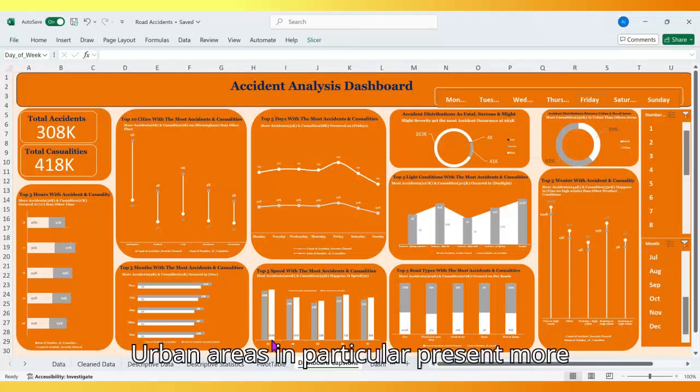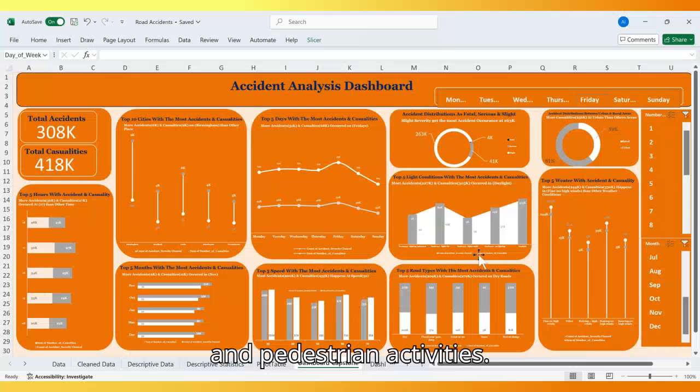Urban areas in particular present more risk due to higher traffic density and pedestrian activities. This can also be seen here, with urban areas having 61% of the accidents and rural areas 39% of the accidents.